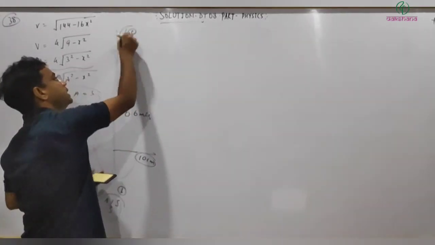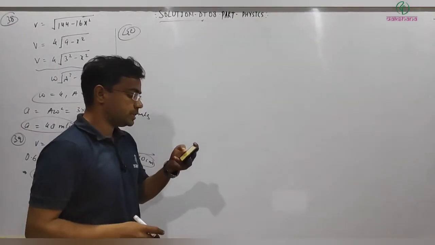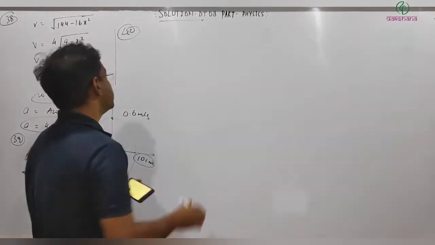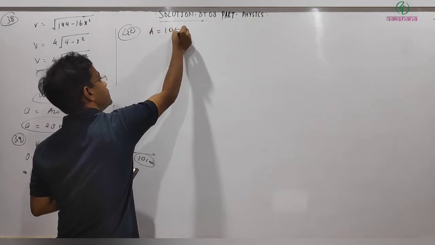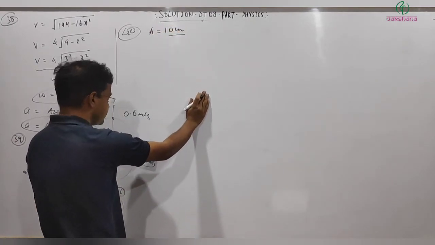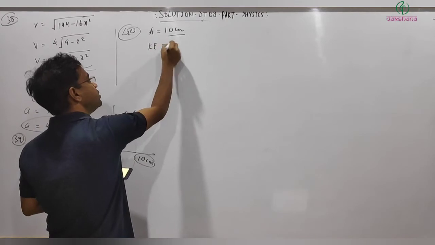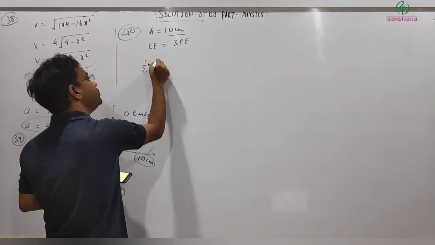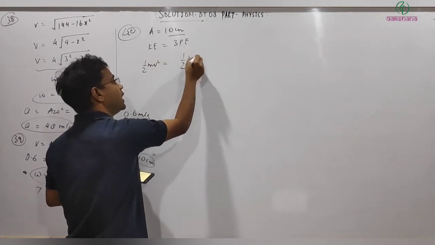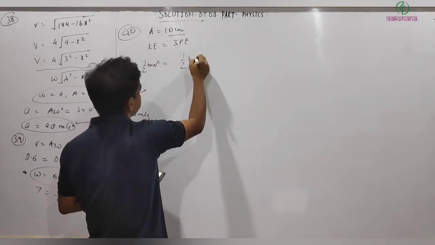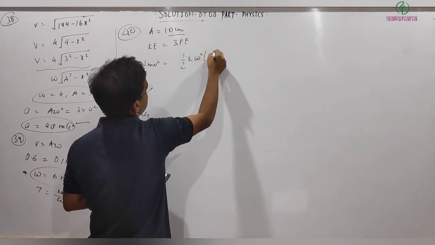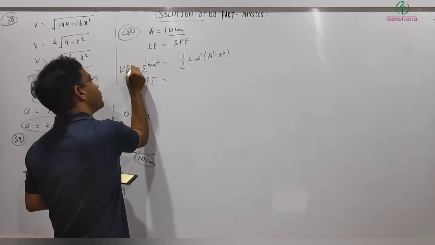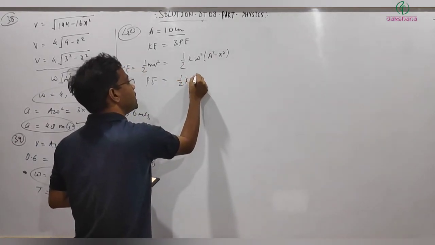Next, question number 40. At what displacement is the kinetic energy of the particle performing SHM 3 times its potential energy? The amplitude is given as 10 centimeter. So kinetic energy must be equal to 3 times the potential energy. Kinetic energy can be written as half m v square, that can be written as 1 by 2 k omega square a square minus x square. Potential energy is equal to half k x square.